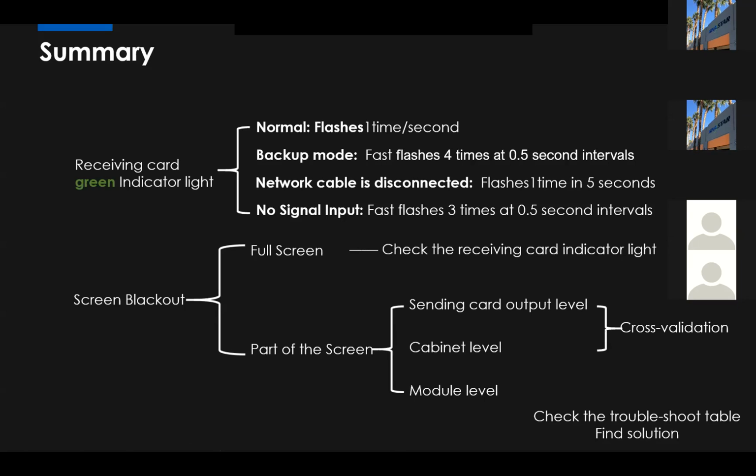Yes, the troubleshooting table we just showed you. Don't worry, if you want that, after this training we will give the PowerPoint to you. All right, for now, this is all about the troubleshooting.